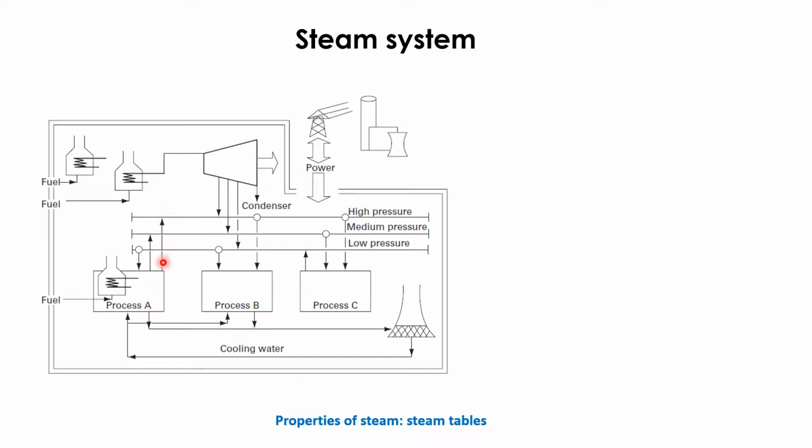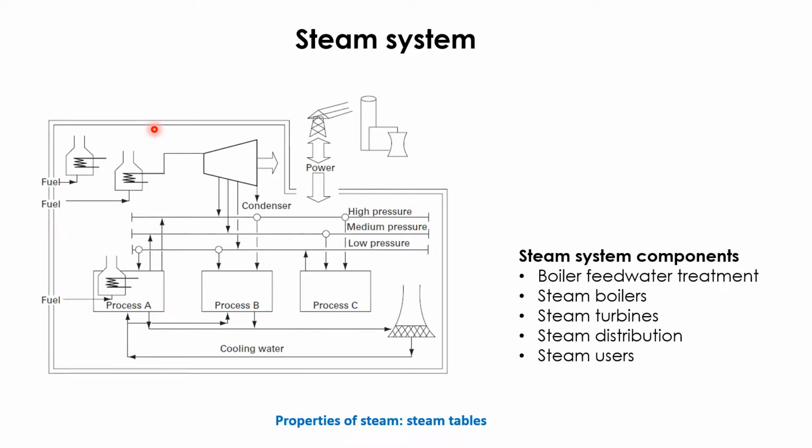For example, here we have process A, the user of the steam, process B, and process C, and in the end some of the steam will condense and then might be cooled down and let go as wastewater, or the condensate of the steam can be recycled back to the boiler.